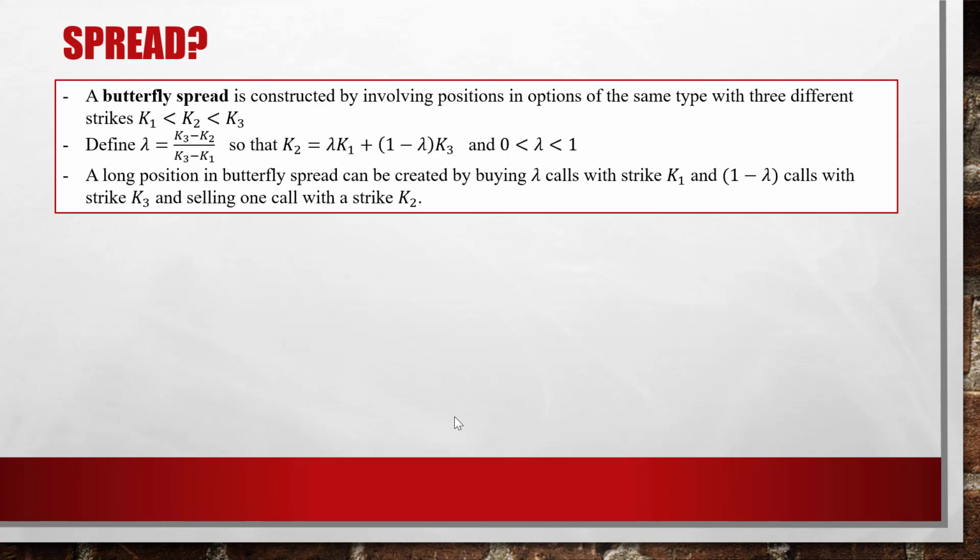So we think about, what if we buy K1 and K3 and sell K2. So we consider a long position in a butterfly spread where we buy lambda calls with strike K1 and 1 minus lambda calls with strike K3, and then sell 1 call with strike K2.